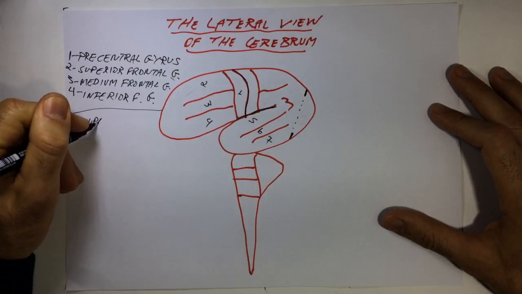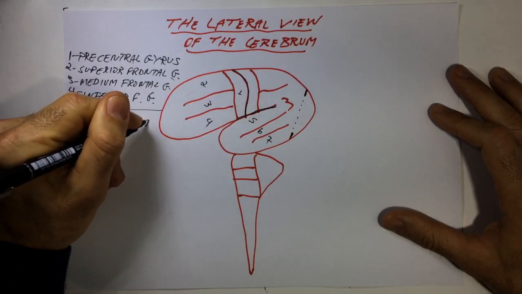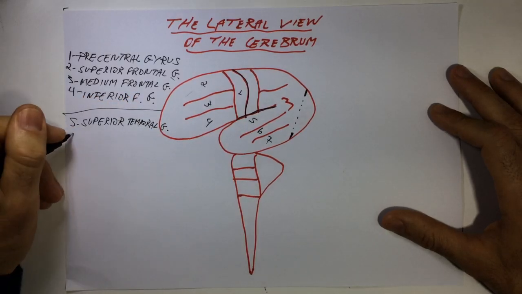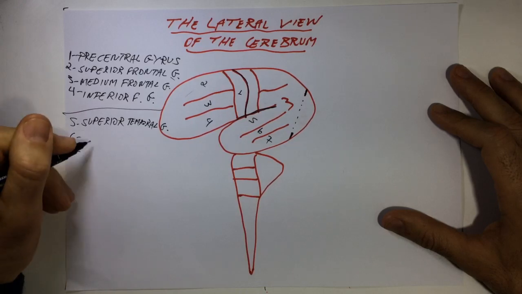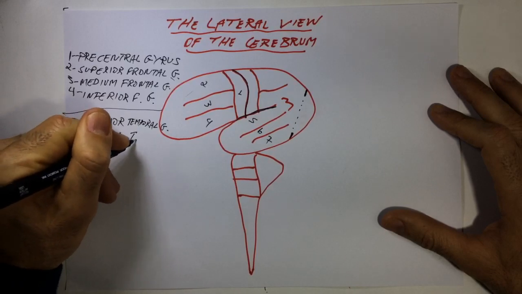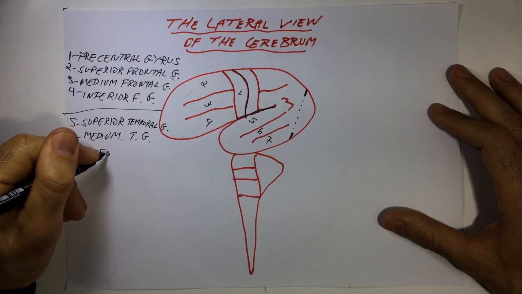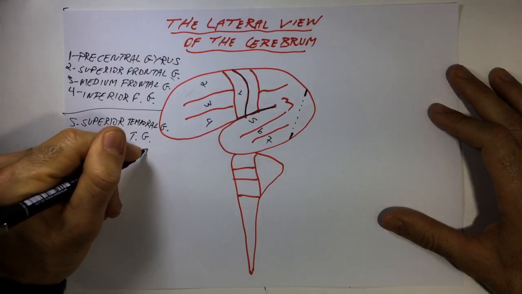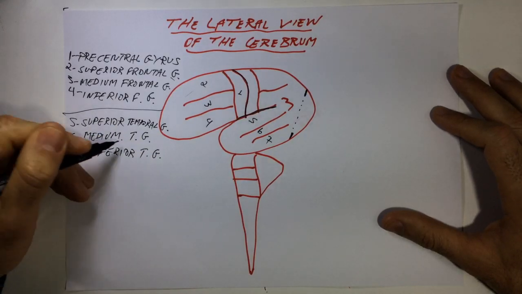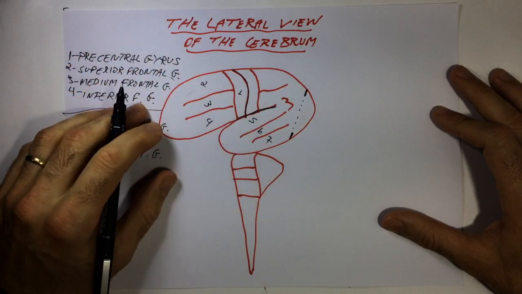So superior temporal gyrus, medium temporal gyrus, and the inferior temporal gyrus. Superior temporal gyrus, medium temporal gyrus, and the inferior temporal gyrus. So the names here are exactly the same.